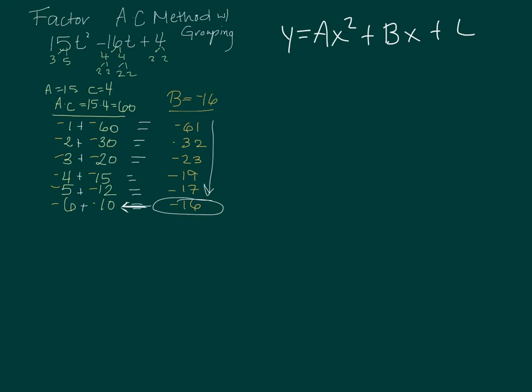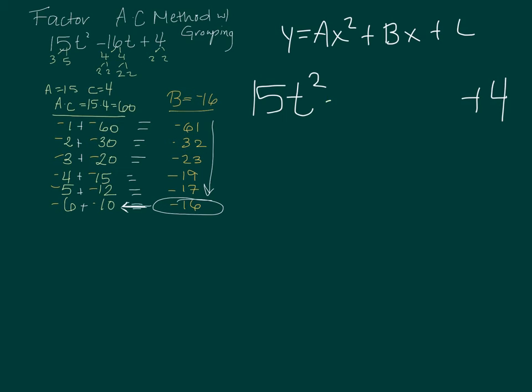So for our next step, what we're going to do is take our original polynomial and rewrite it a little bit. So we're going to take 15t squared, and we're going to take the positive 4. Now this 16t, we're actually going to rewrite using these two numbers here.